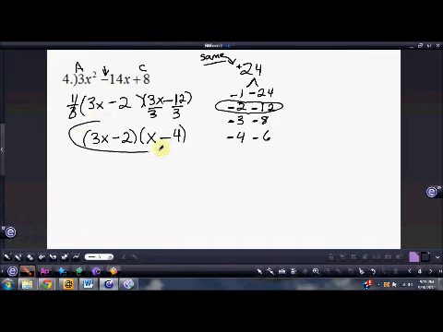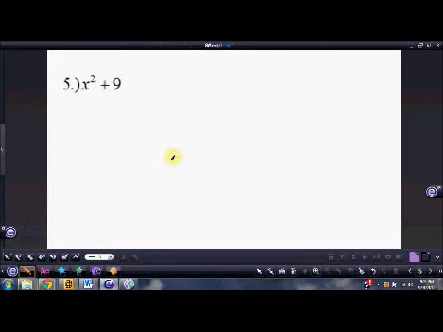Question number 5 is a binomial. Now, binomials have to be two things. The first thing that a binomial has to have is a negative. Okay? It has to have that negative sign in the center. If it doesn't have a negative, it's not factorable.